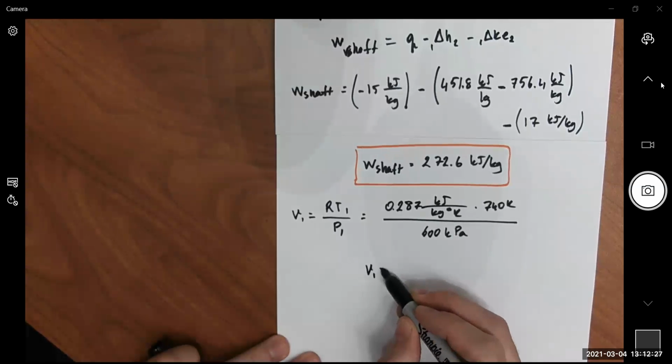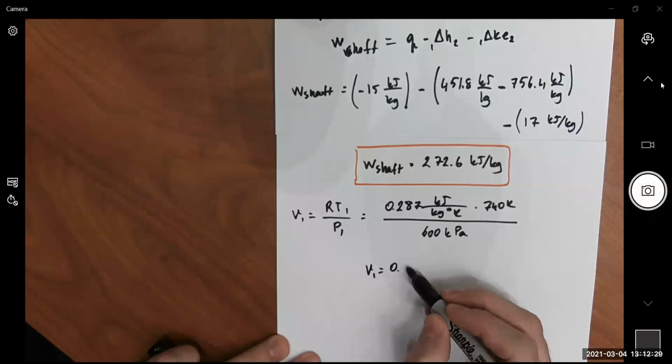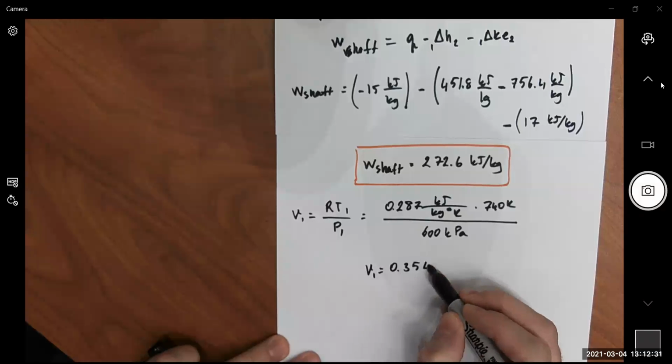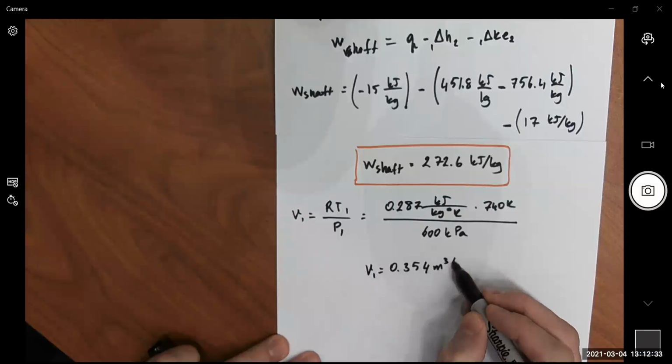From here, the specific volume at the inlet will be 0.354 meters cubed per kilogram.